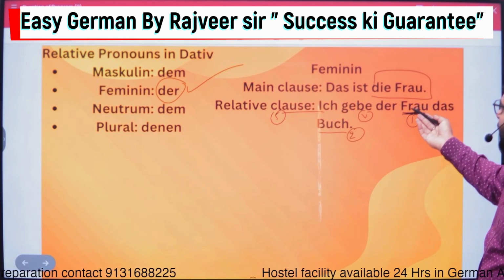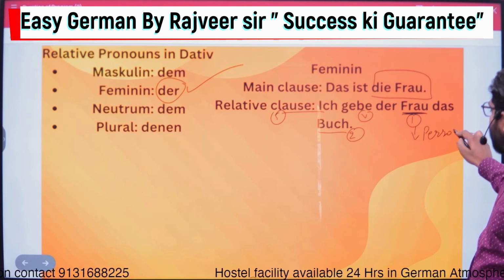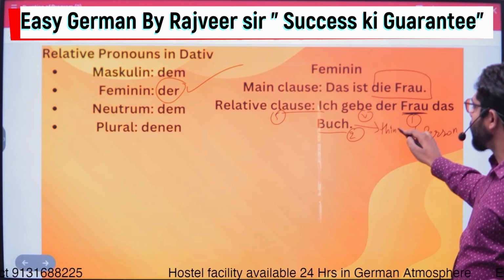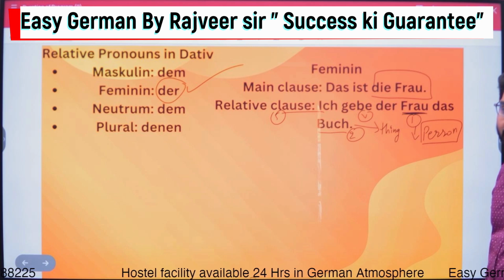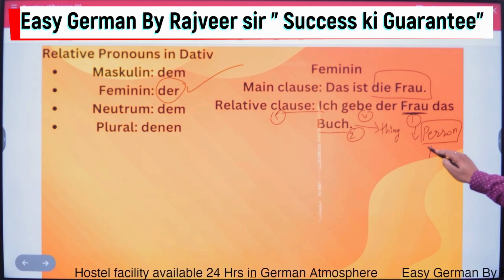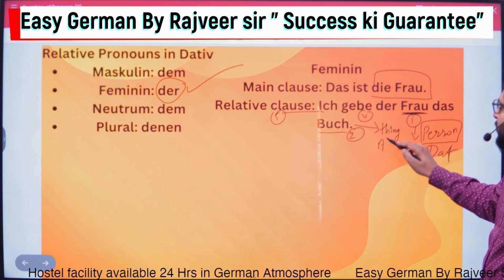One is related to a person because Frau is a person, and the book is related to a thing. I explained that whenever two objects are there, one object is related to a person. So the person will go in dative and the thing will go in accusative.